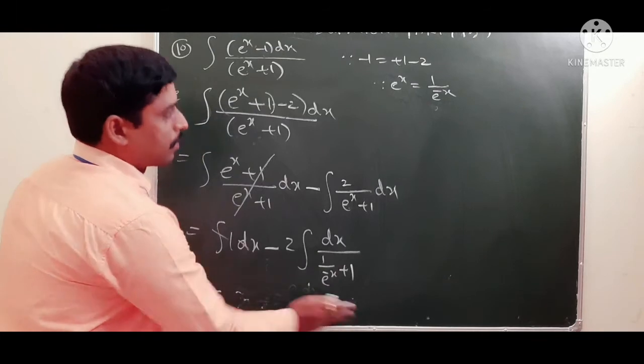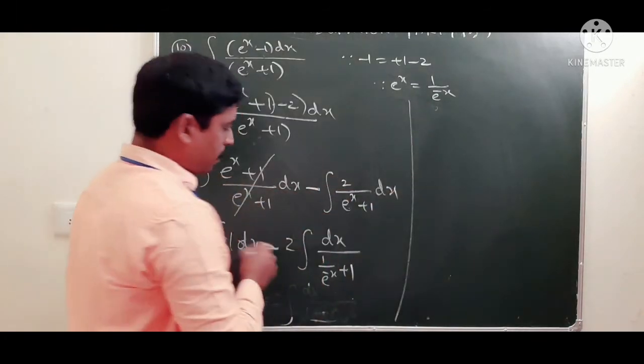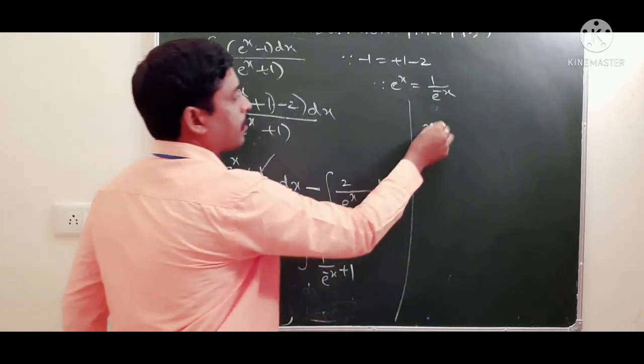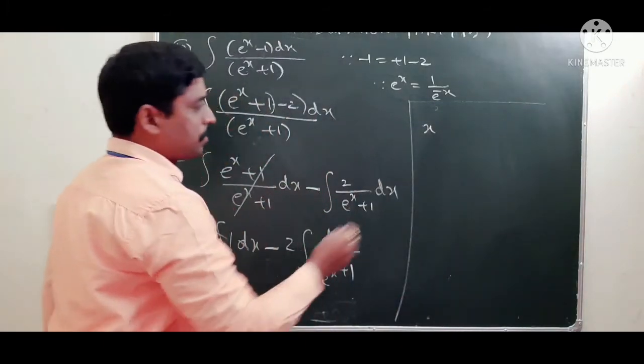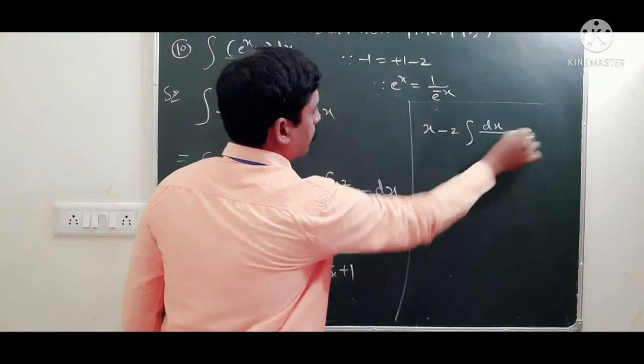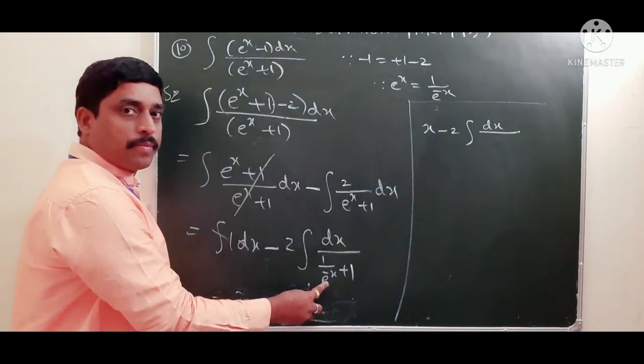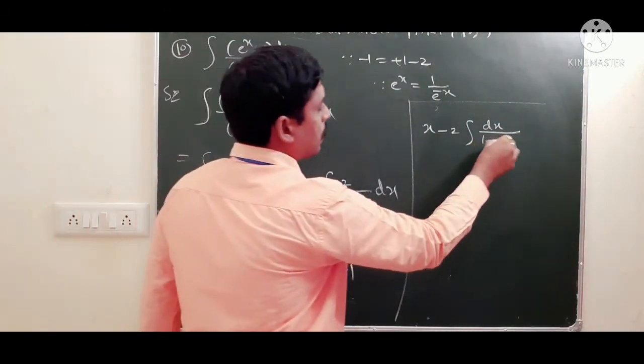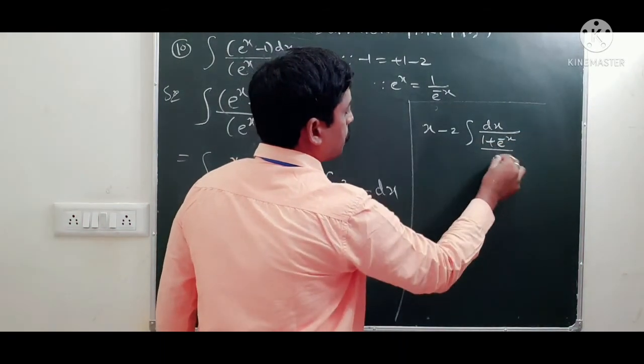Okay. Now explain. So 1 dx value x minus 2 constant integral dx by, LCM is e to the power minus x, so 1 plus e to the power minus x by e to the power minus x.